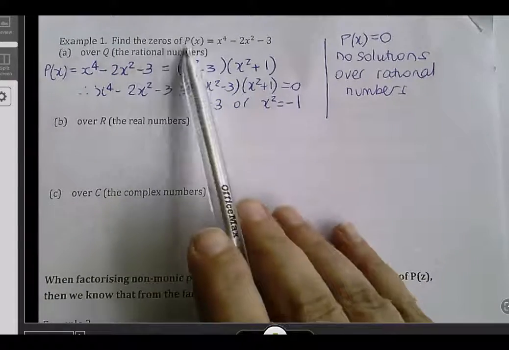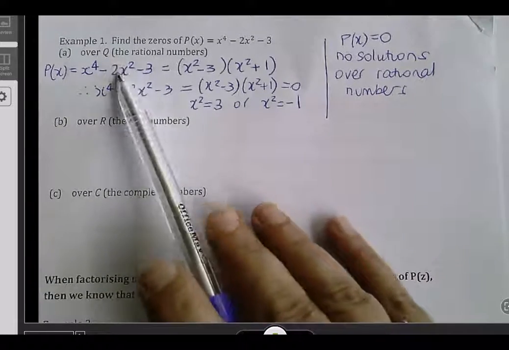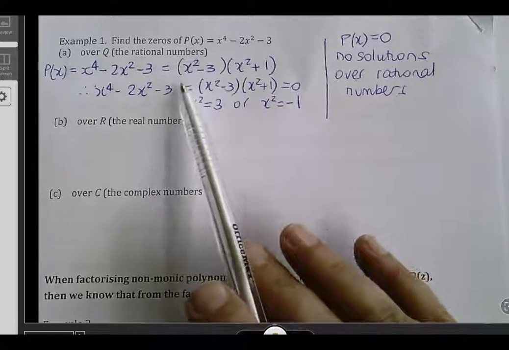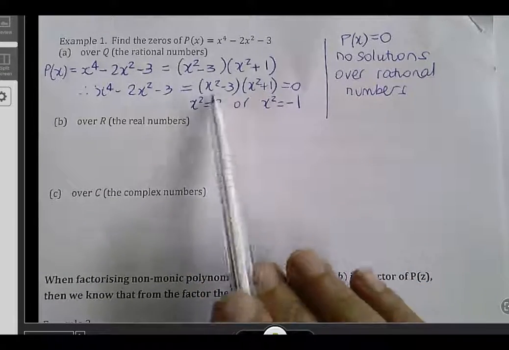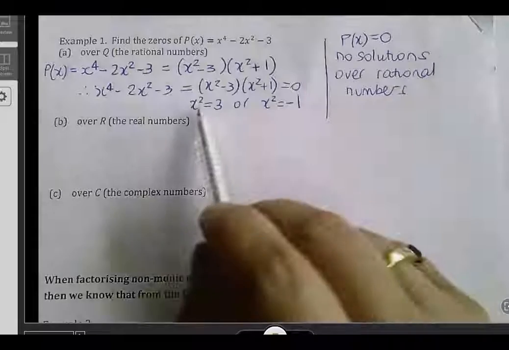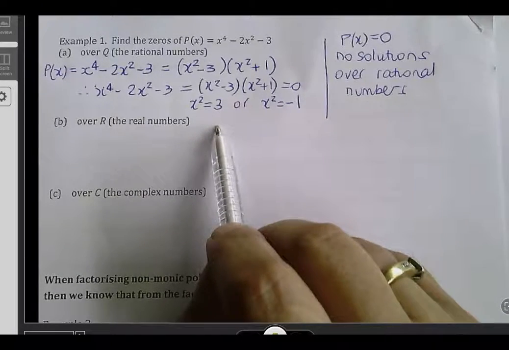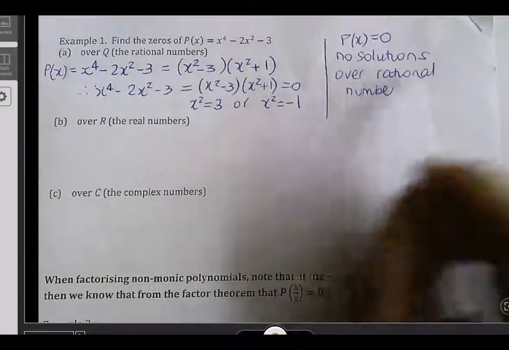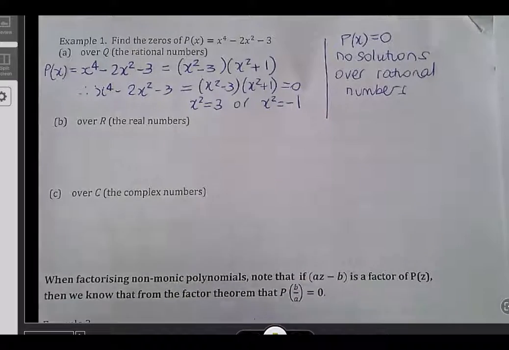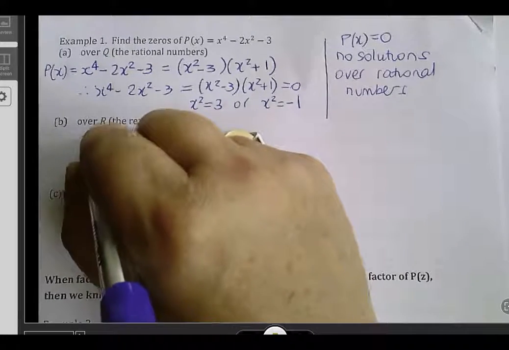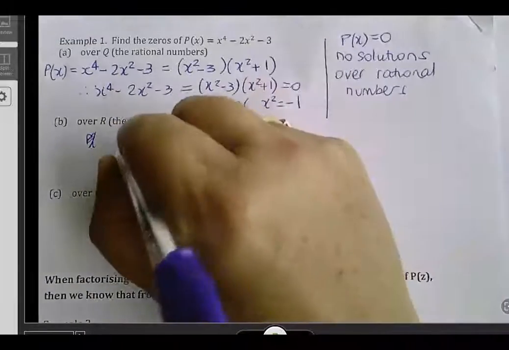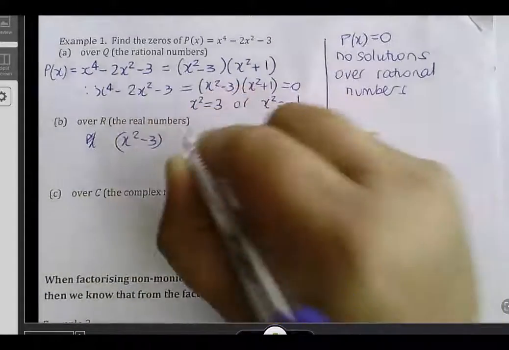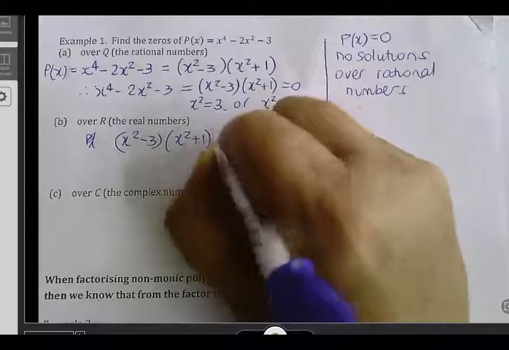So if you're asked for the zeros or the solutions of this, it's like 2 unit. What can you do in 2 unit? You'd go plus or minus root 3. But if I'm just saying rational solutions, there are none. So let's just keep going. So now we've got x squared minus 3 times x squared plus 1 is 0.